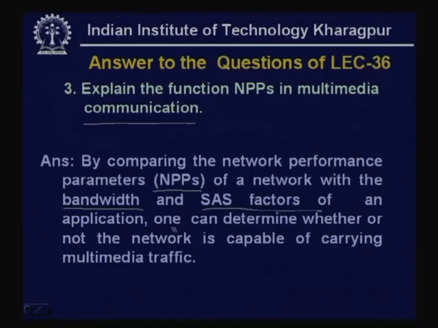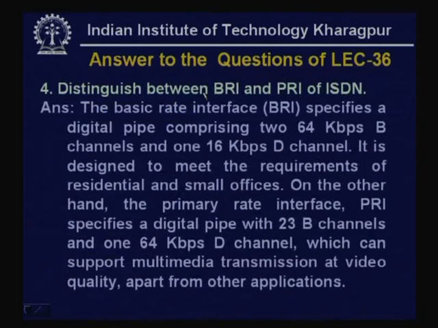By comparing them, one can determine whether or not the network is capable of carrying multimedia traffic. So, the network performance parameter is very essential to decide whether a network is suitable for multimedia communication or not. That is why this is very important.